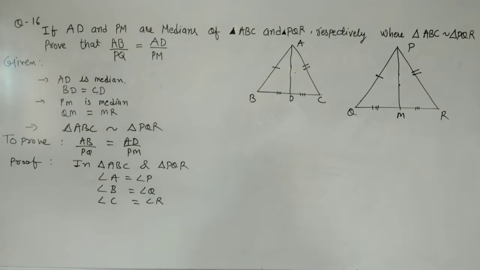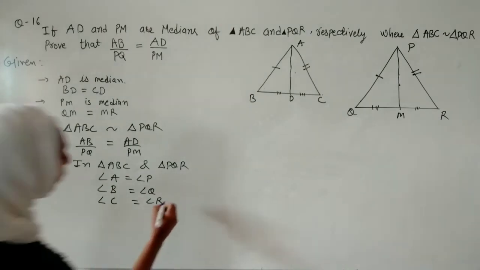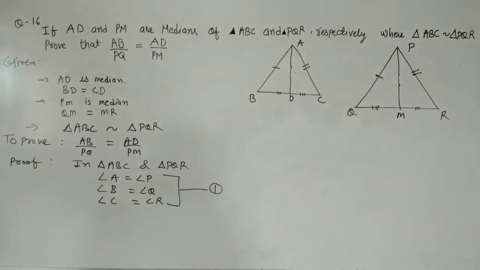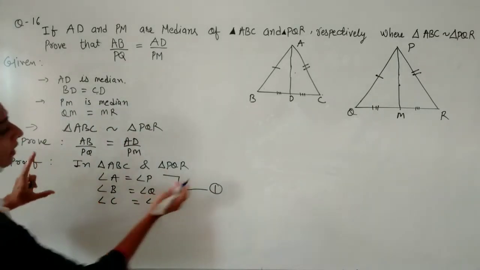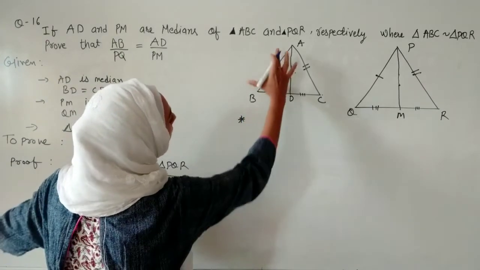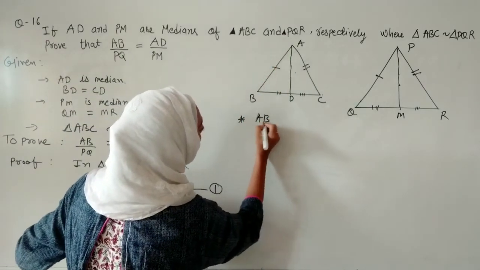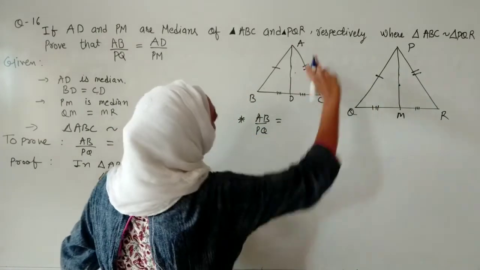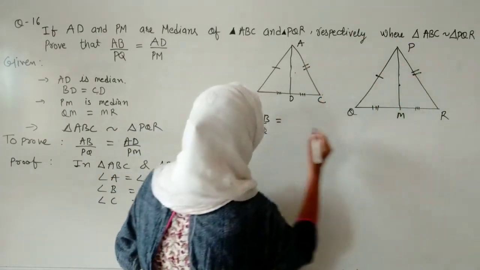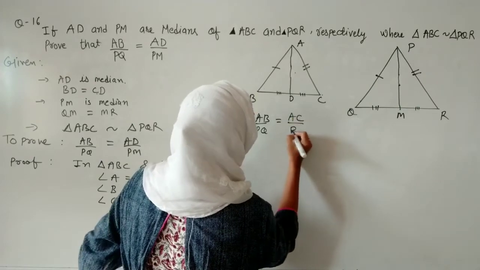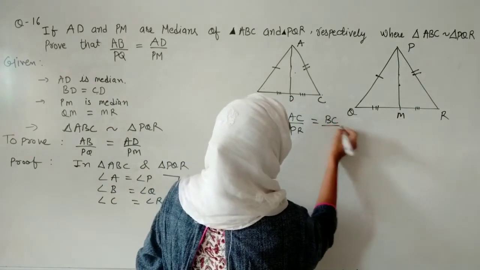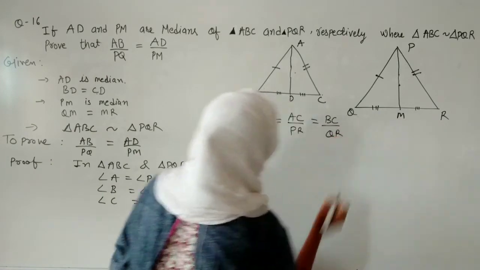Wherever this is useful to us, we can call this whole thing equation 1. Right. Now the other six parts of this triangle that we can write are the ratios of the sides, meaning here we can write AB by PQ, and that will be equal to AC by PR, and that will be equal to the whole BC by the whole QR.